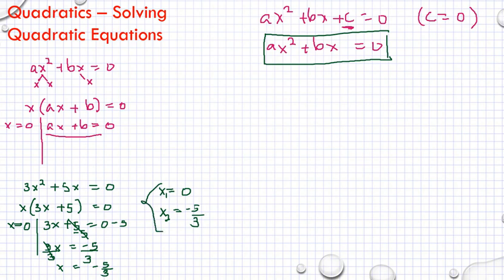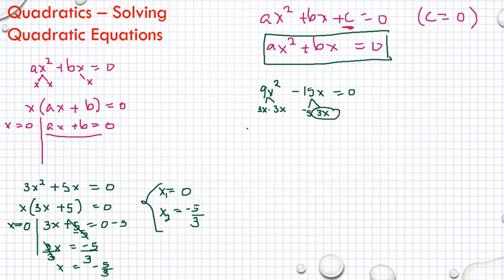Okay, let's have some more examples. Another example: 9x squared subtracted by 15x. If you do the proper factoring, it should look like this. You have 3x times 3x, and negative 5 times 3x.